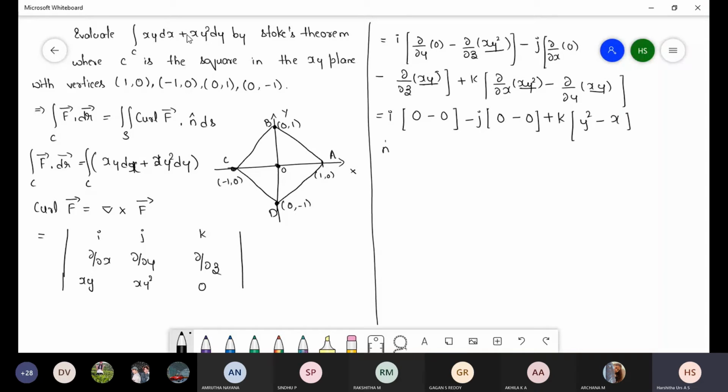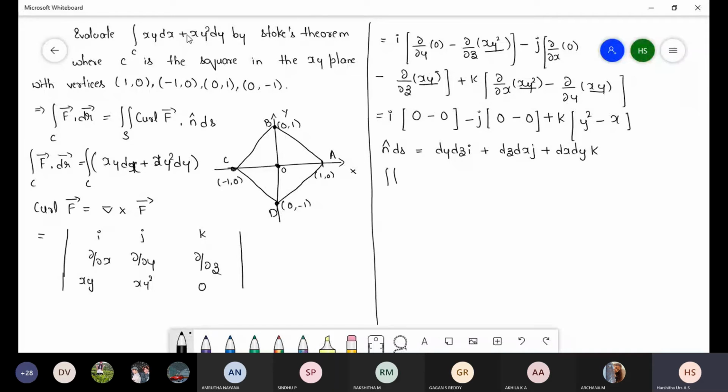Now n cap ds is dy dz i plus dz dx j plus dx dy k. This is the value.